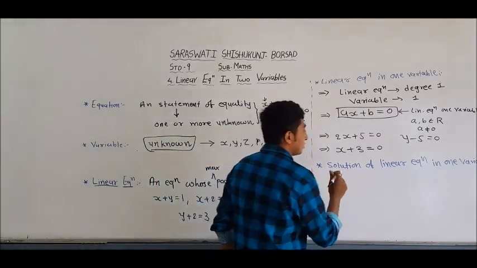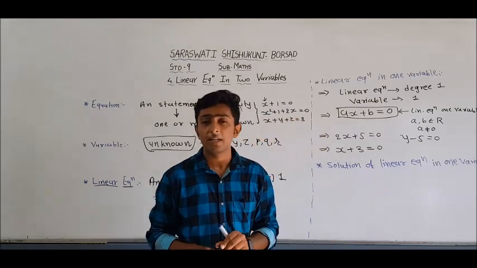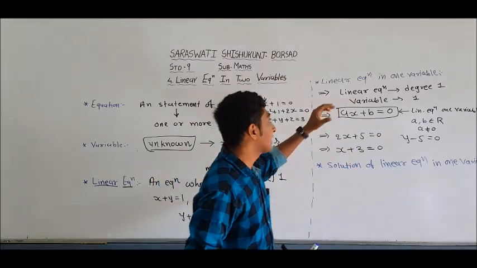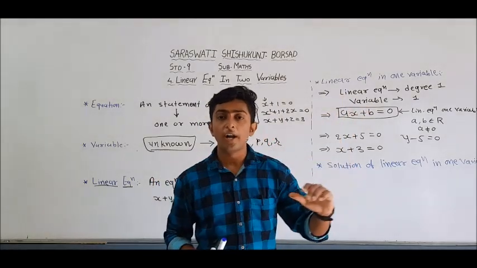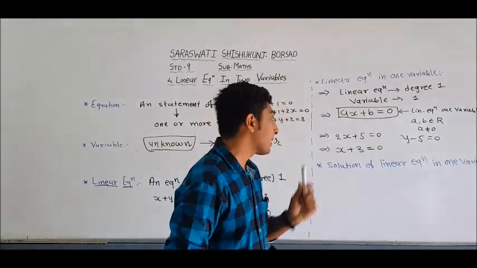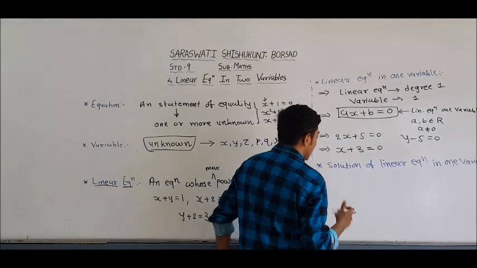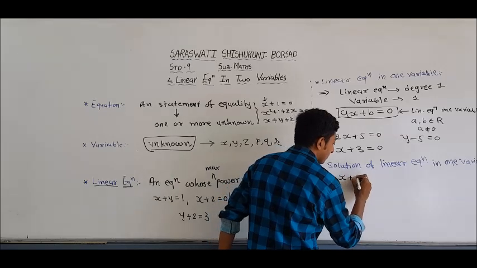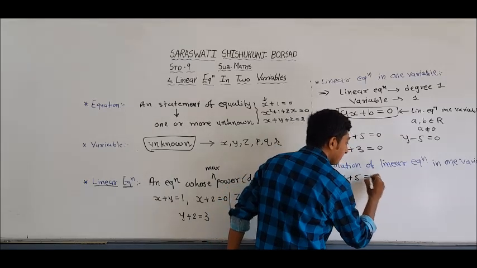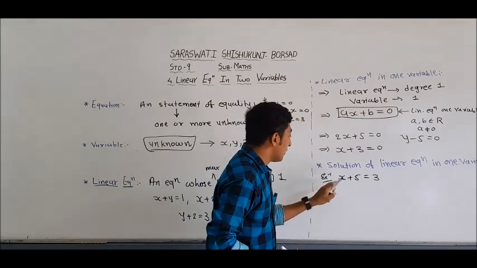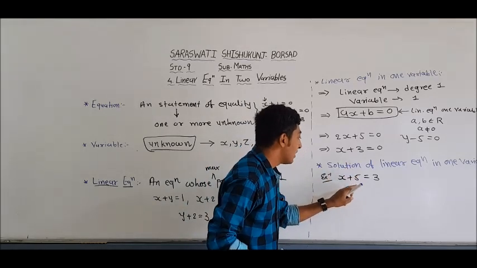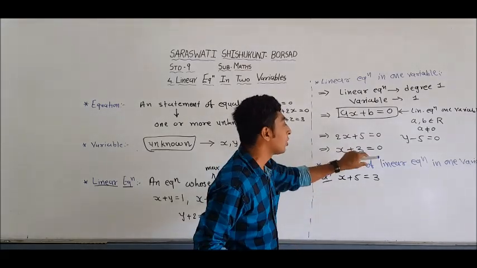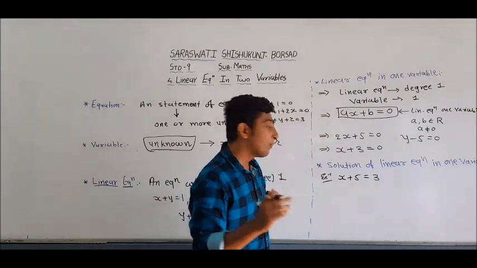So how do we find the solution? If the value of the variable satisfies the given equation, it is the solution of the linear equation in one variable. Let us take an example. Example number 1, x plus 5 equal to 3. Whatever value of x we take, if it satisfies the given equation, that is the solution of the linear equation in one variable.